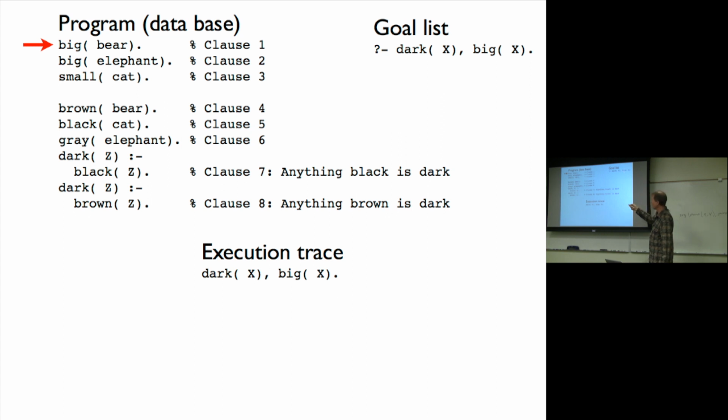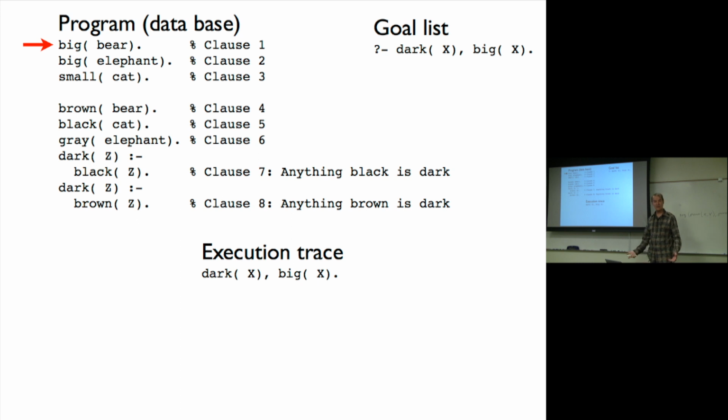And here is our program in our database. Look what we have. We have big bear, big elephant, and small cat. Would you agree that elephants are big and cats are small? And not only that, we have brown bear and black cat and gray elephant. So those are the colors. Are you with me on that?